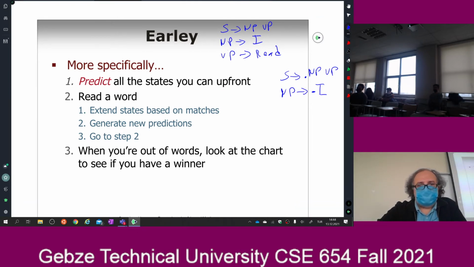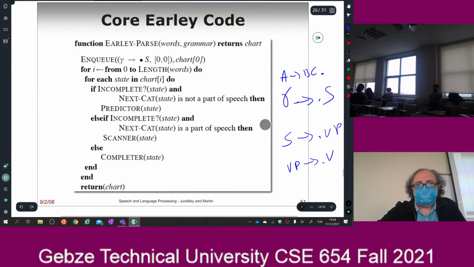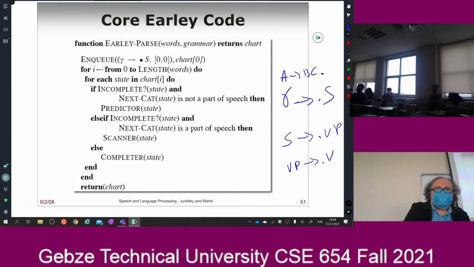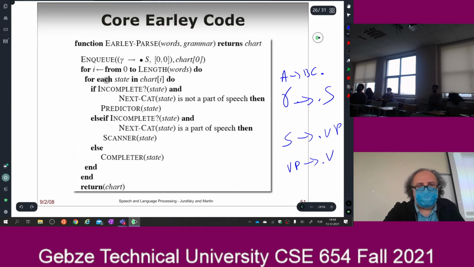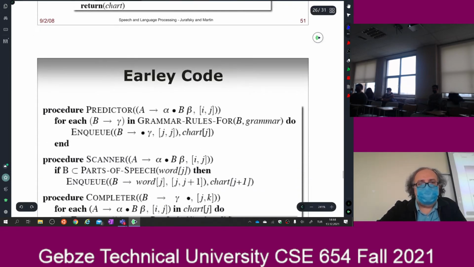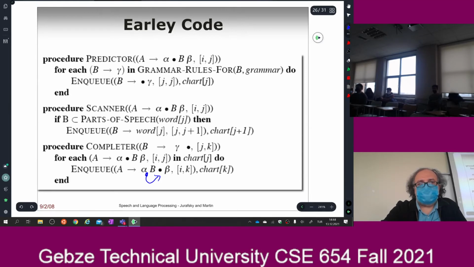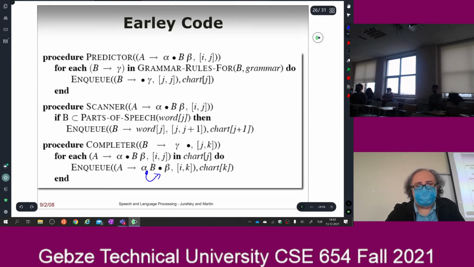So let's look at the algorithm itself. Let's look at the for loops. One for loop here, another for loop here. But this one has other functions: predictor, scanner, and completer. These have loops in them too. Predictor for each, scanner, and completer for each again.